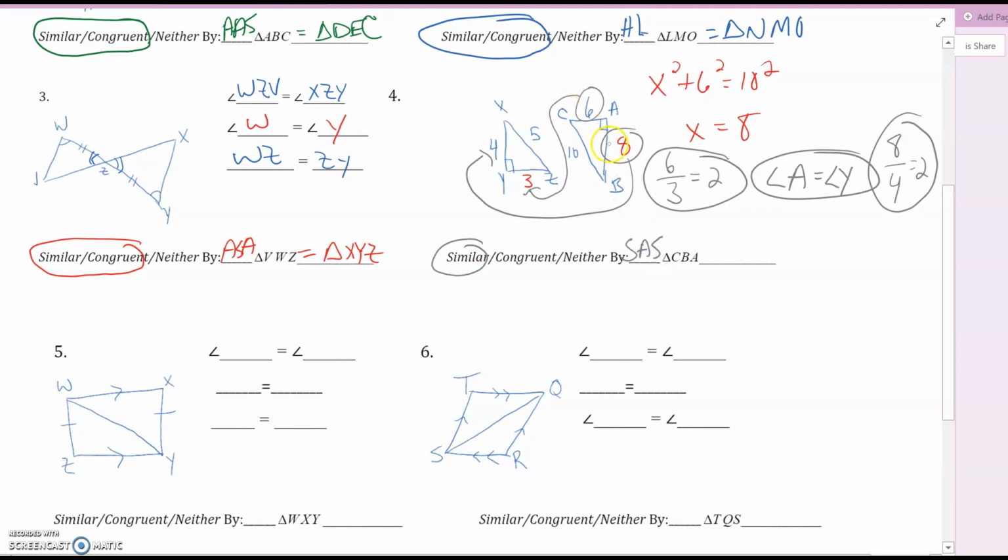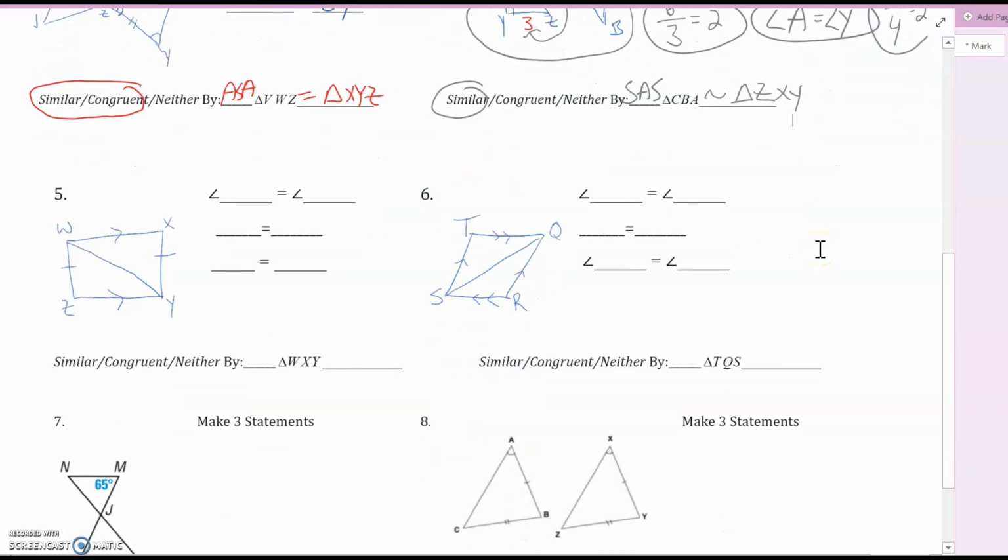Then CBA would be similar to triangle ZXY. All right. Okay, for 5, I'll do 5 and 6 yet.